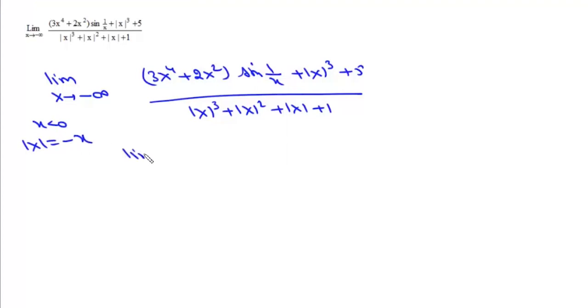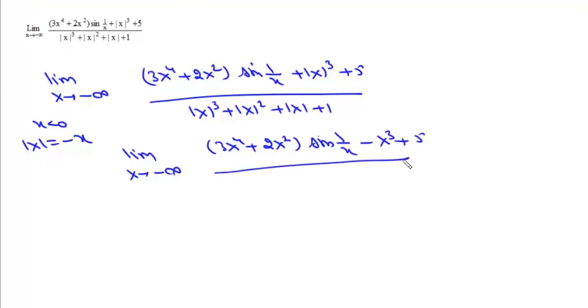So we write this as limit x tends to minus infinite, and this is 3x to the power 4 plus 2x square sine 1 by x minus x cube plus 5 upon minus x cube plus x square minus x plus 1. Now we'll divide everything with x cube.